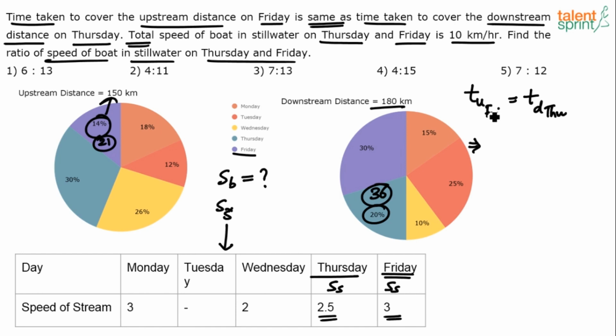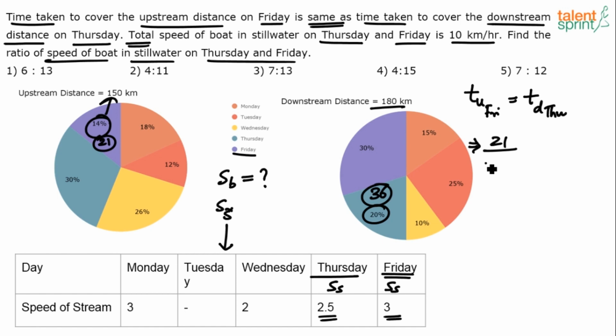Now equate. Time is equal to distance by speed. So upstream distance on Friday is 21 kilometers by speed on Friday. What is the speed on Friday? See, upstream speed, like we have discussed, is speed of the boat minus speed of the stream.